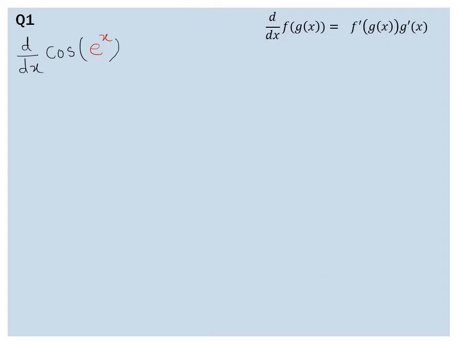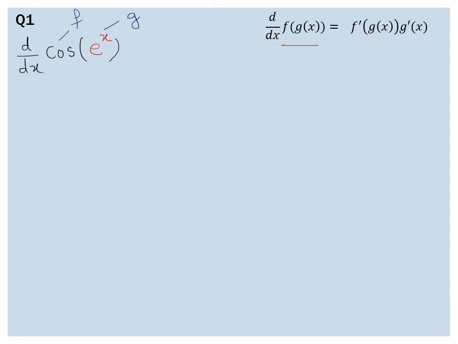Starting with a simple example, taking derivative of cos of e to the power x. Cos is one function, e to the power x is another function, denoted by different colors. Now here, comparing the formula on the right hand side where it contains f and g, this cos we denote as f and e to the power x we denote as g.